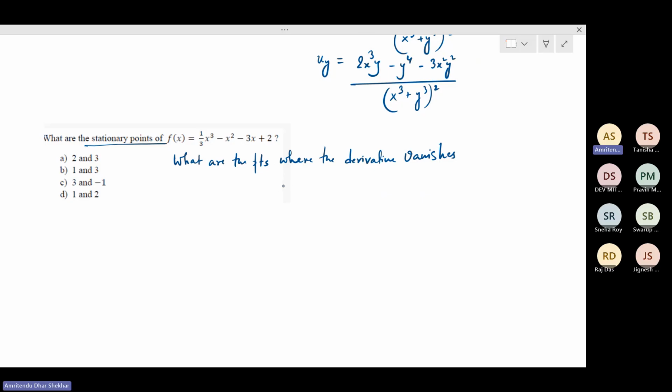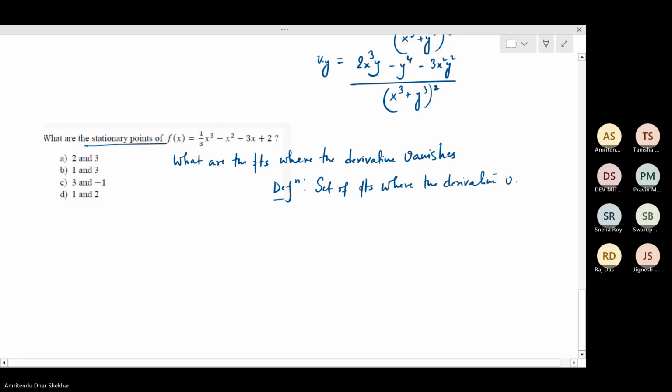Okay, so let me just write it over here. Definition: the set of points where the derivative vanishes can be called stationary points. They can also be called critical points. It's just a different name for the same thing.